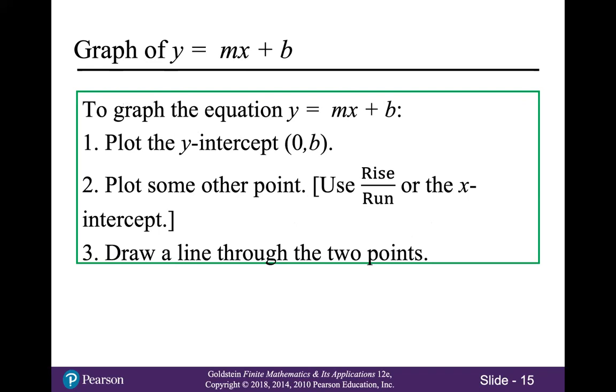Technically, we're not going to be talking about slope until the next section, but I think you've probably learned about slope before, so you can either use rise over run, or you can use the x-intercept, or you can just substitute some other value for x. X equals 1, x equals 2, anything other than 0, because you've already used that point in the y-intercept. And then draw a line through those 2 points.